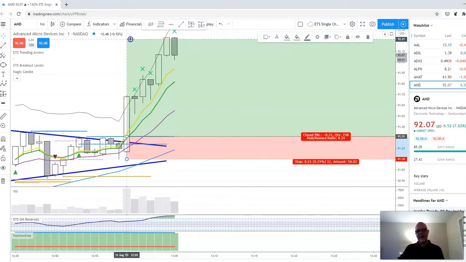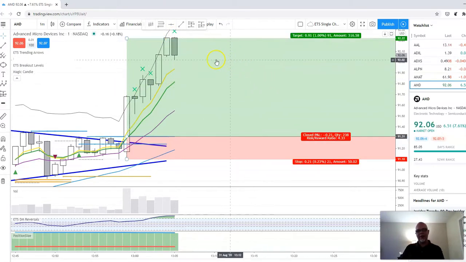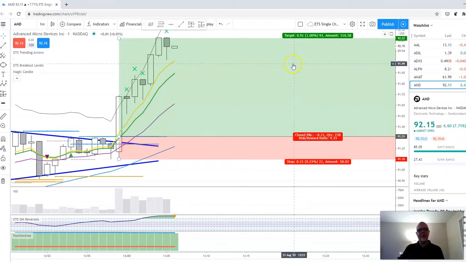So you could have stayed in right up to that level there, and as soon as you got the notification of the potential pullback, that would have made it a very good 90-point move, which is pretty awesome.